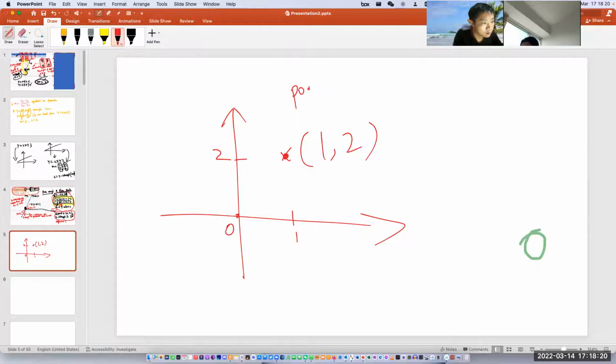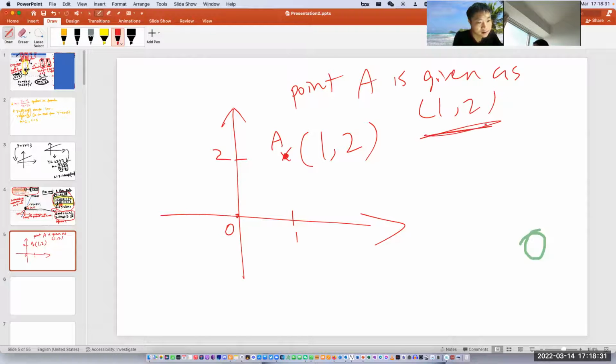Let's say I call it point A. So point A is given as 1, 2. This is the format to name a point on the graph.